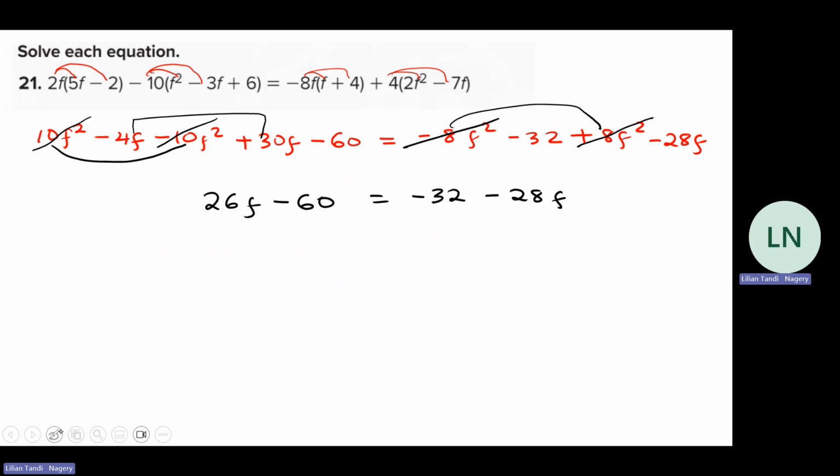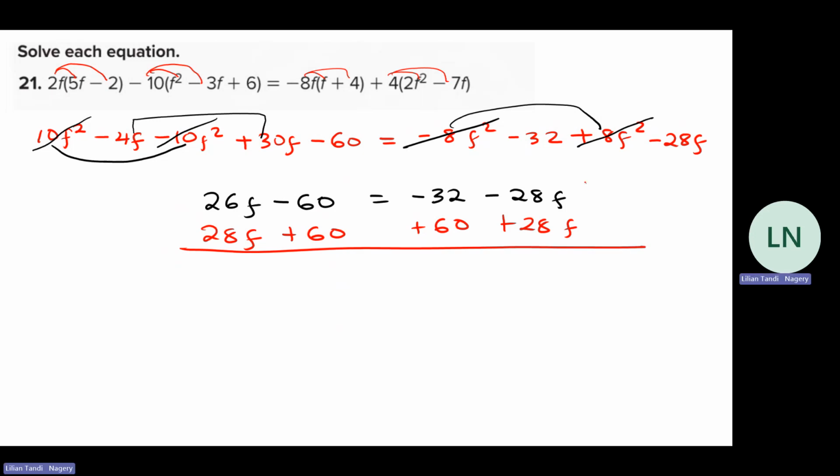So then I will add 28f on both sides, and I will add 60 on both sides. This becomes 14, 54f.